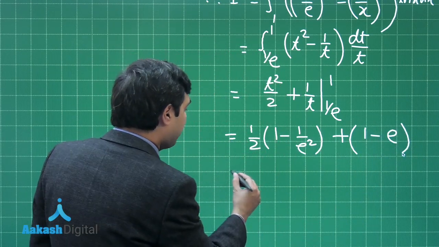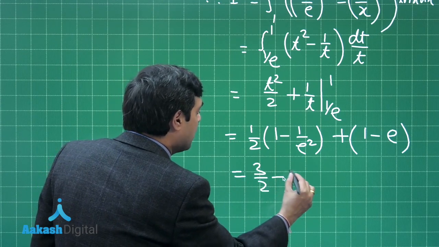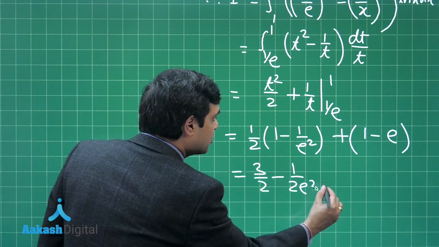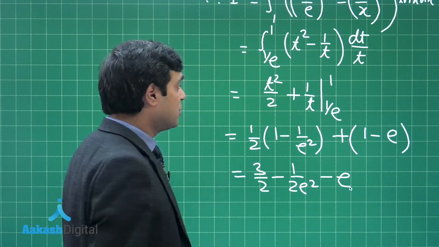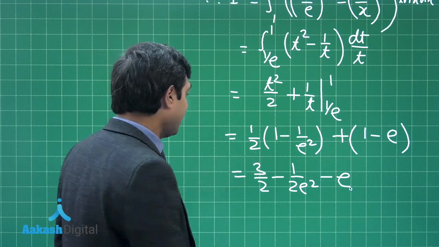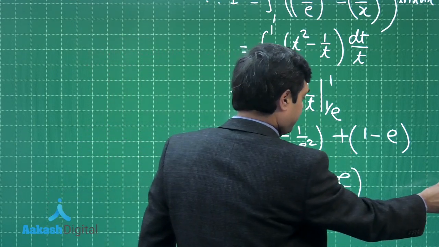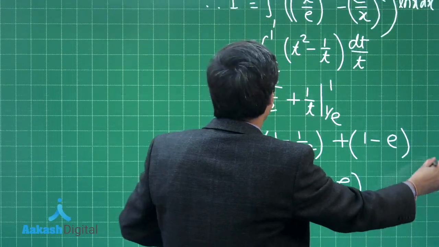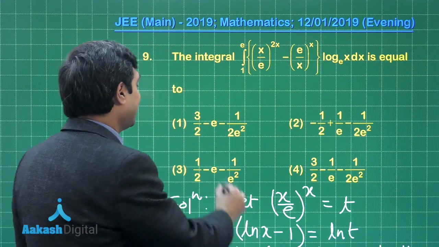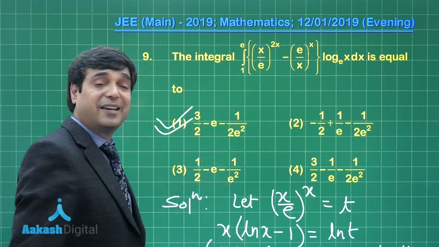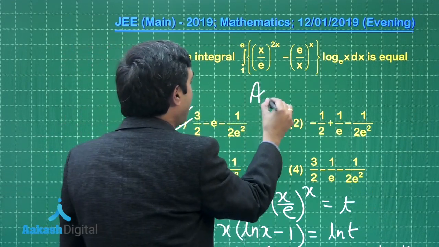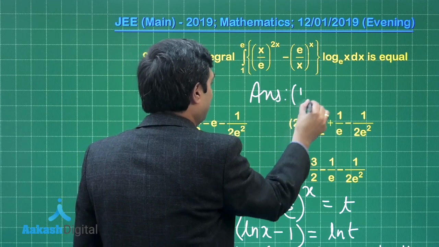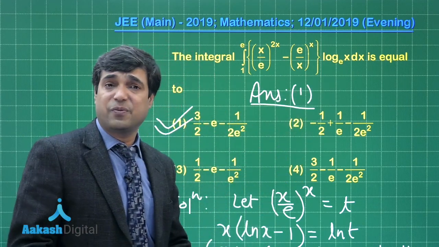Clear? Simplifying, you can write 3/2 - 1/(2e²) - e. So, that is the final result with us. Let us check out from the given options. 3/2 - e - 1/(2e²), that is option number 1 is the correct answer for this question. So, let us mark and write down. Let us move on to the 10th question of this paper.